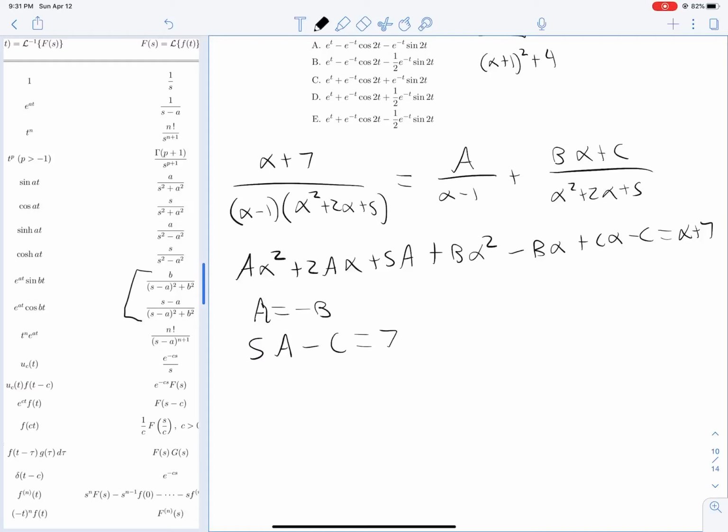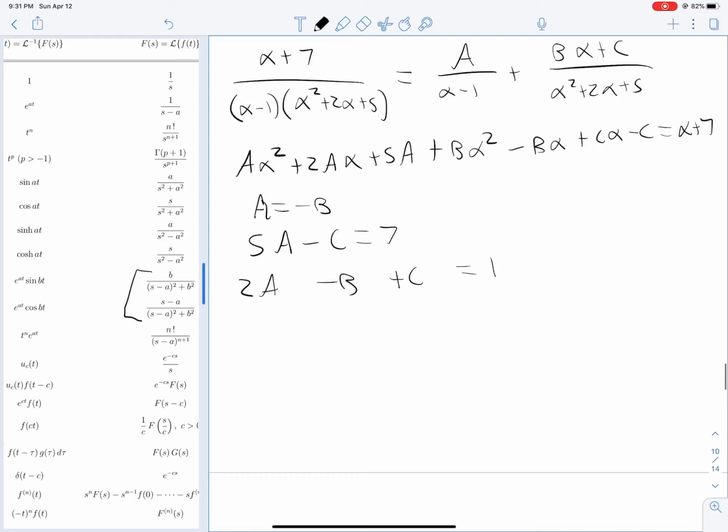And what else do we have here? We see that 2a alpha minus b alpha plus c alpha is equal to 1 alpha. So we can divide all those alphas out. And we are going to put this into a matrix to solve it a little bit more easily.